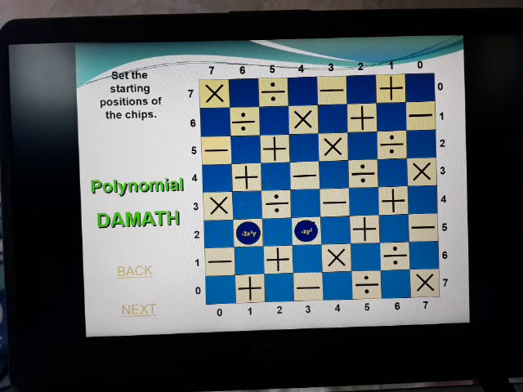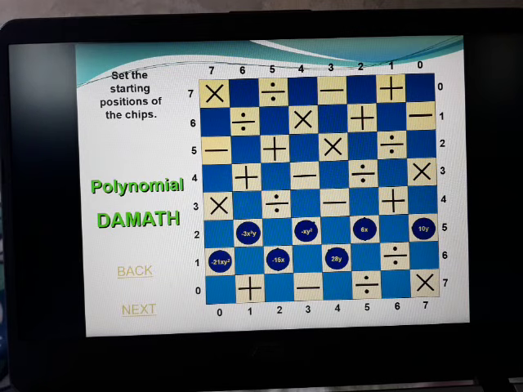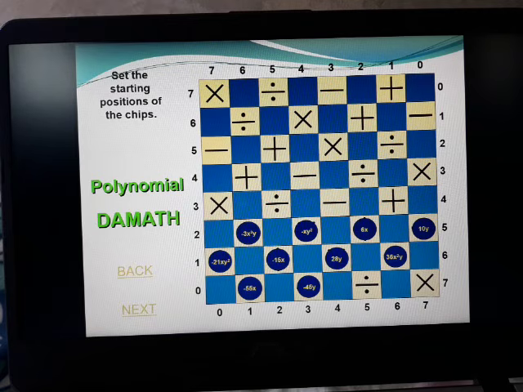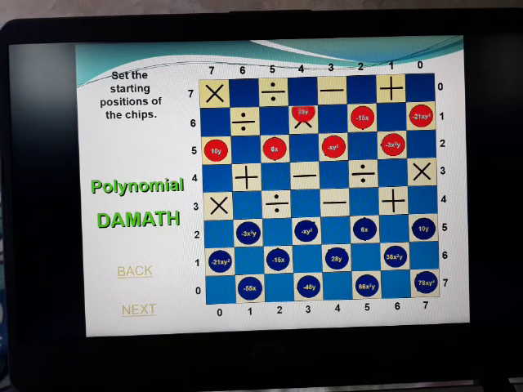The starting position: negative 3x squared y, negative xy squared, 6x, 10y, negative 21xy squared, negative 15x, 28y, 36x squared y, negative 55x, negative 45y, 66x squared y, and 78xy squared. Same with the red chips.